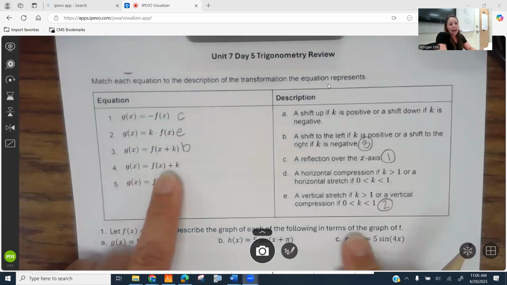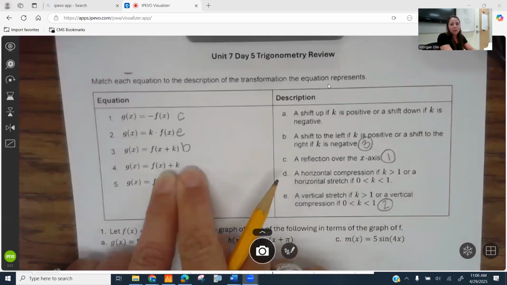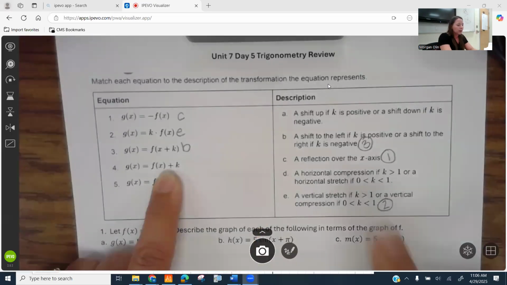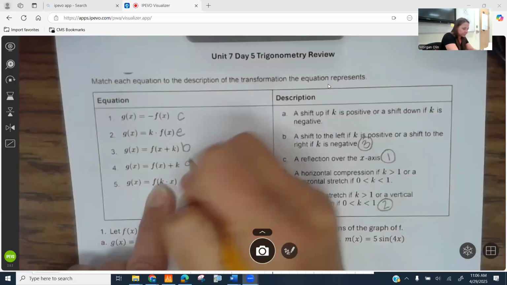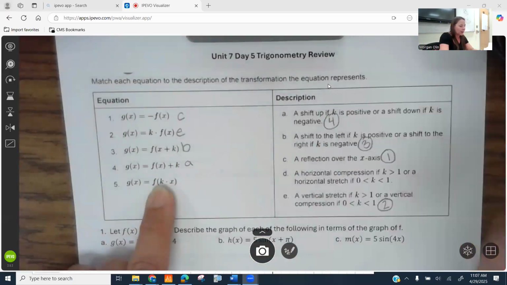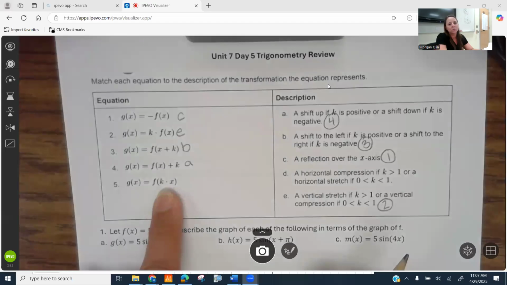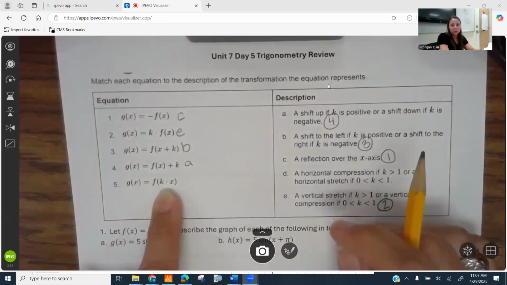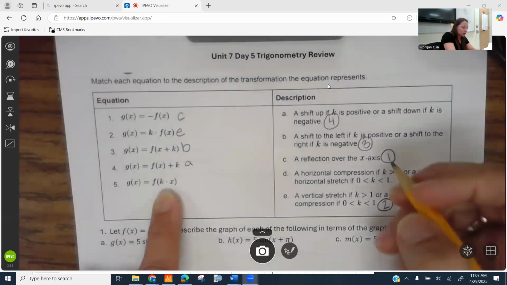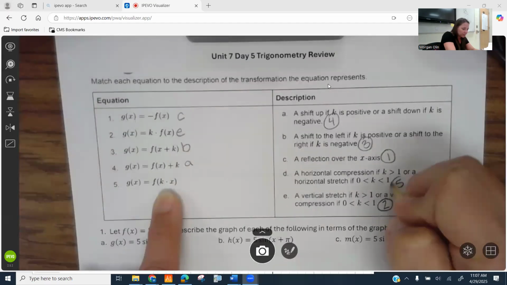All right, here, when you're adding something on the outside and that K is positive, it's going to be up right here. But if K was negative, it would shift down. All right, and lastly, right here, we haven't talked much about this, but anytime you multiply inside, this is a horizontal compression or stretch. All right, so this one is number 5.